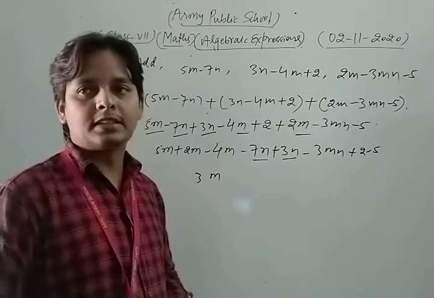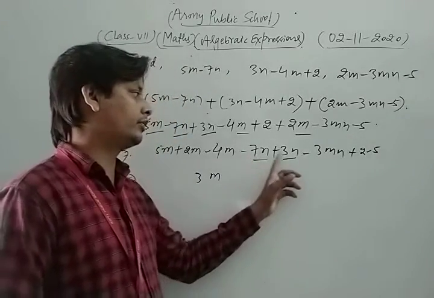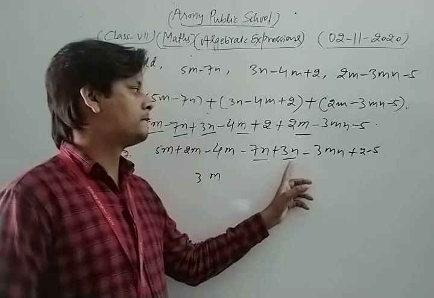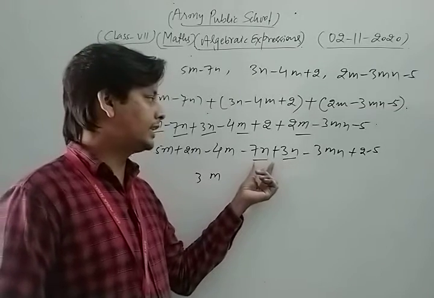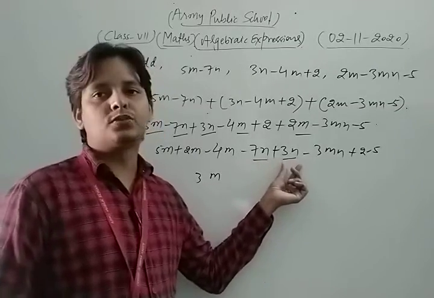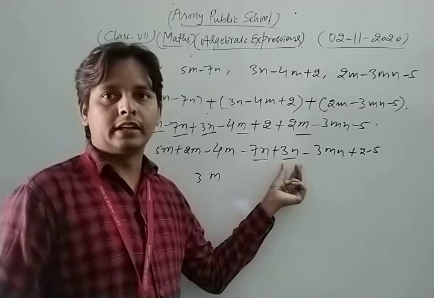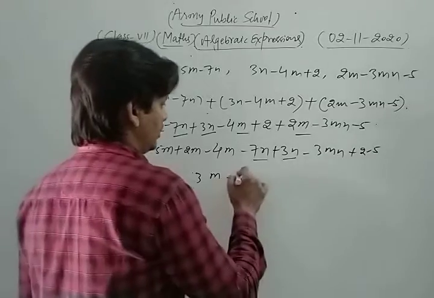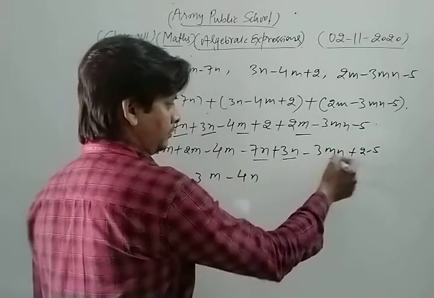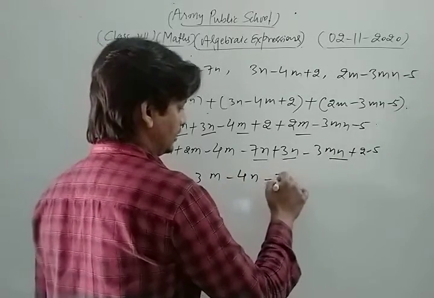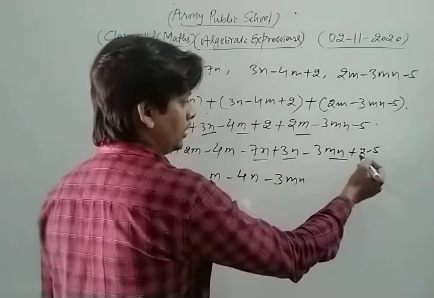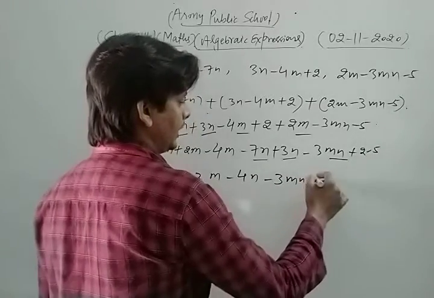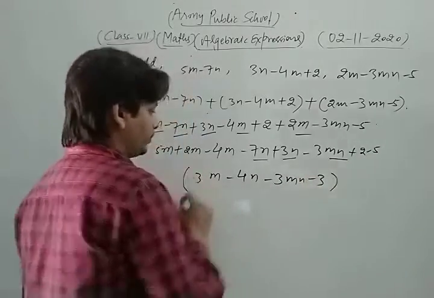Minus 7n plus 3n is minus 4n. So we write minus 4n, and minus mn is written as it is. And plus 2 and minus 5 is minus 3.